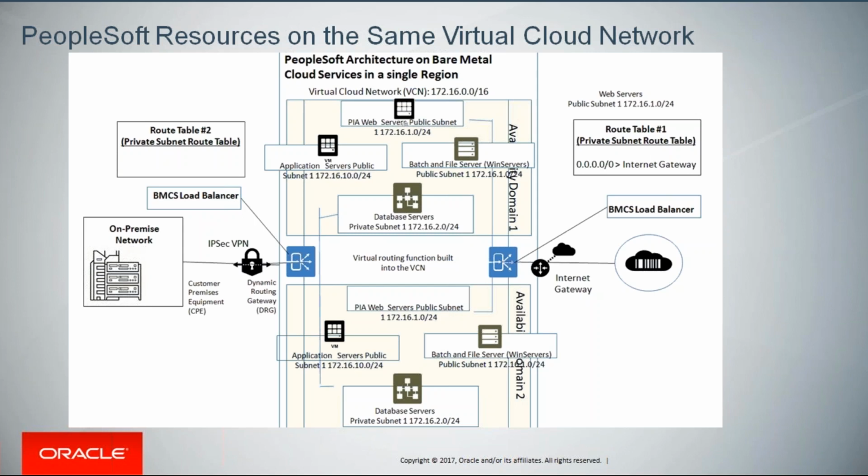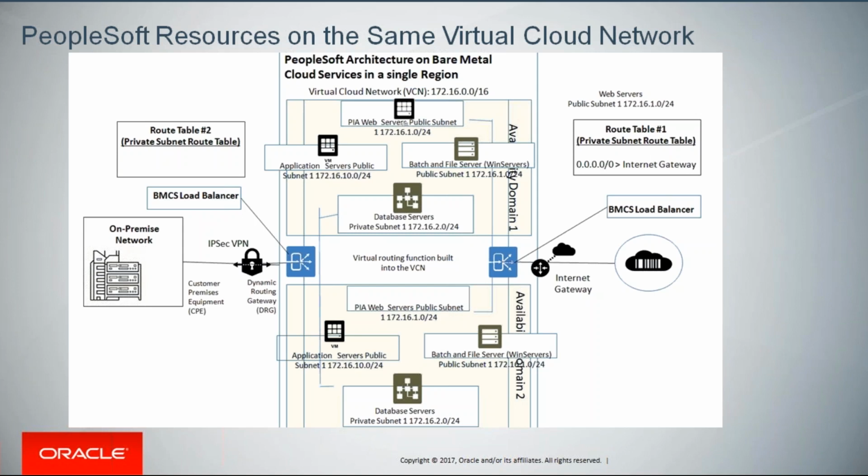We used compute servers on bare metal for the application tier, the batch tier, and for the web tier. We used database cloud service (DBCS) for the database component for PeopleSoft, and there was also the storage tier.